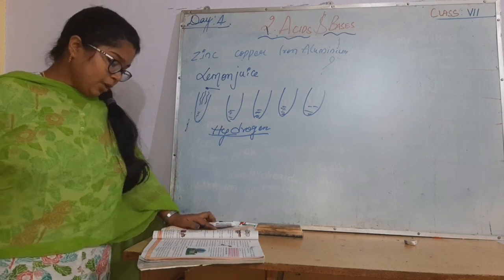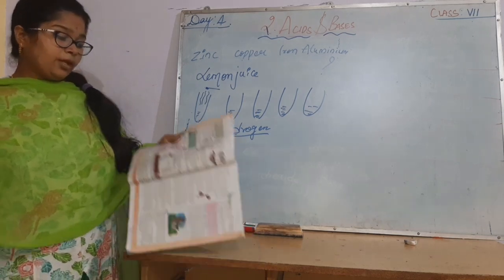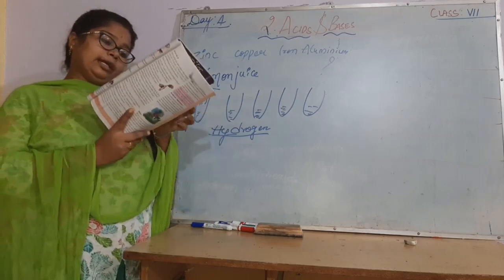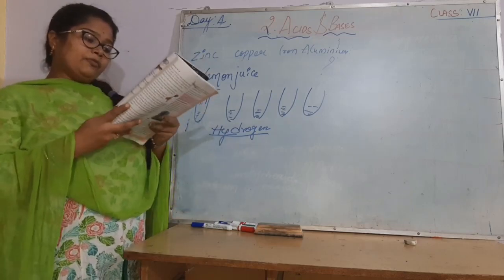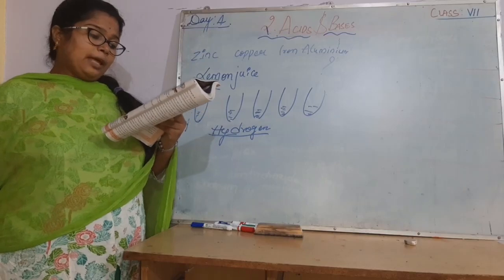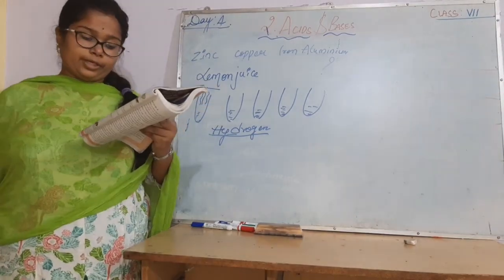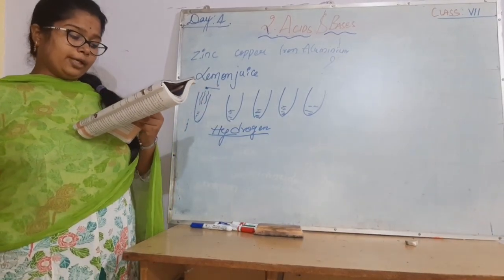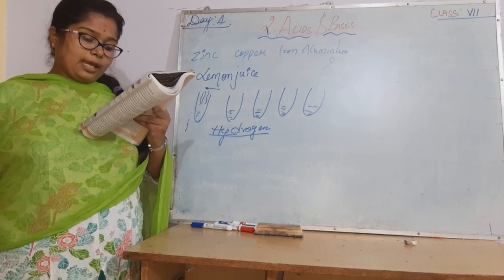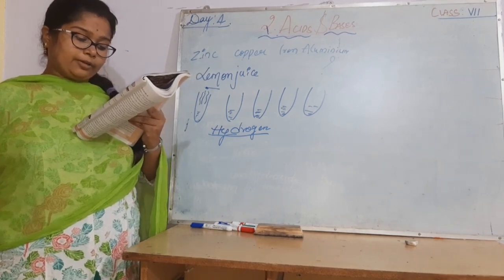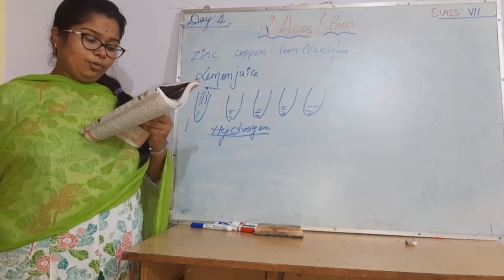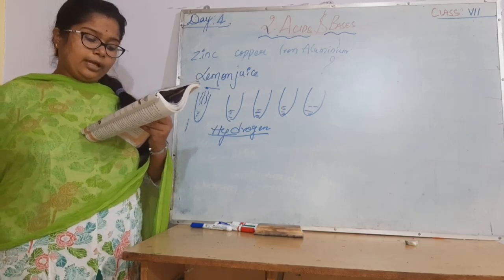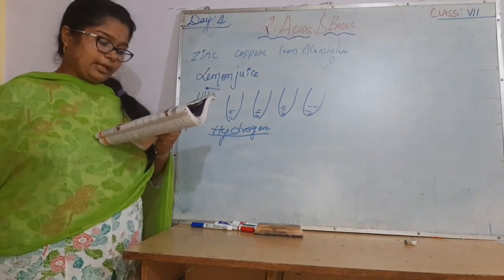Yes, next. Do you know why the inner sides of vessels made of brass or copper are coated? When some substances are kept in a copper container for a long time, a blue-green layer is formed on the inner walls of the container.